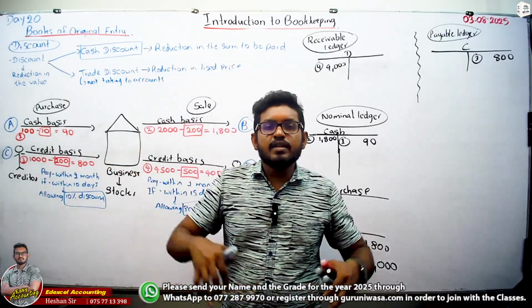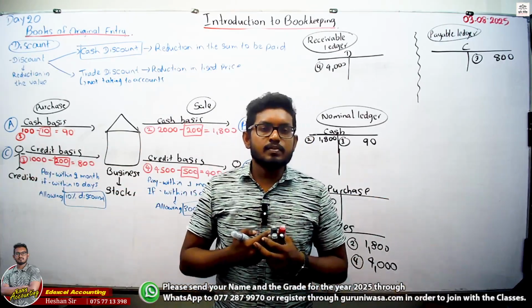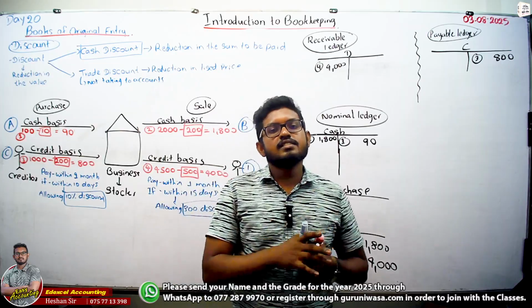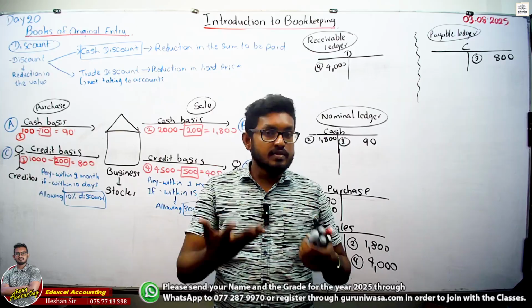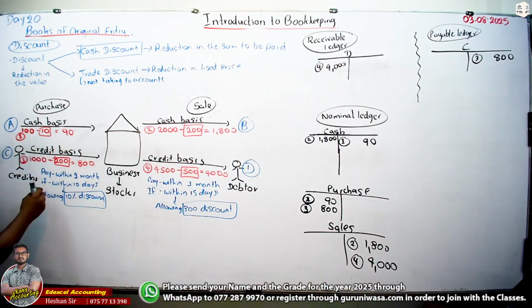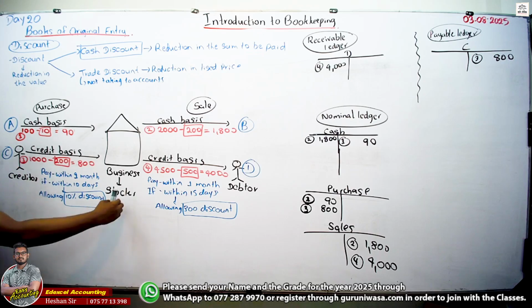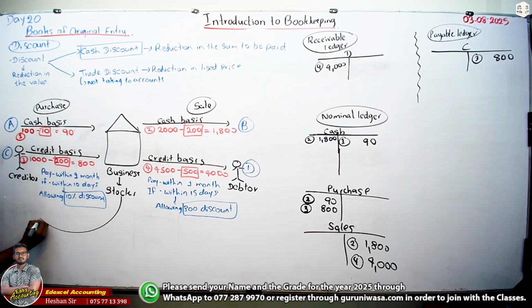Cash discounts happen with credit basis transactions. To collect the cash as soon as possible, the supplier gives a discount to the debtor, the customer. Now, if I pay this supplier, the creditor, within 10 days, I don't want to pay 800.